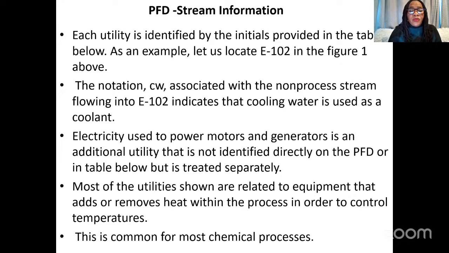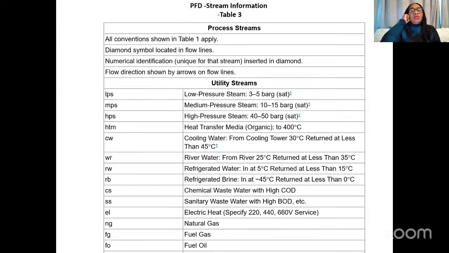So now the utility streams, still under the stream information. Now we have everything: all conventions shown in table 1 apply. Everything that is in table 1 applies. That's what we're using: the diamond symbols located in flow lines, the numerical identifications, and the flow direction shown by arrows on flow lines.